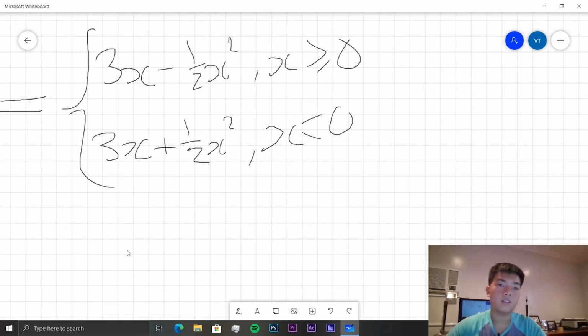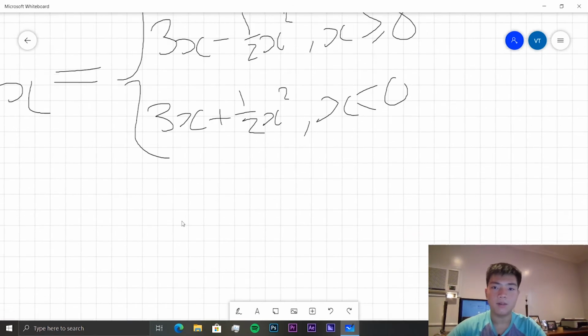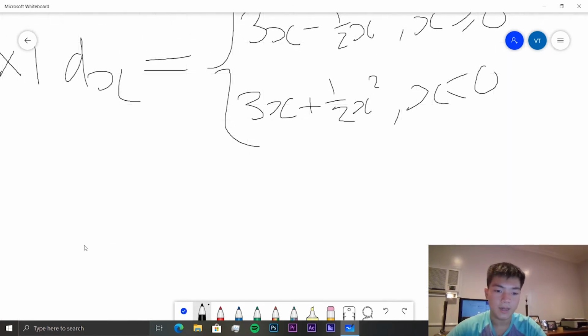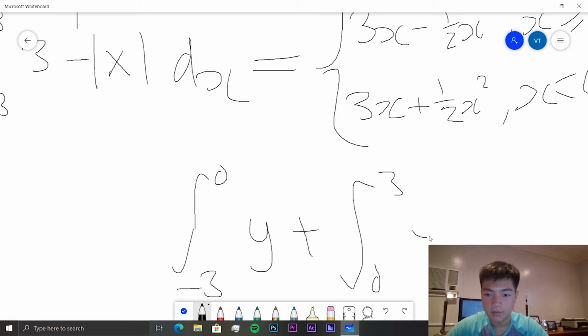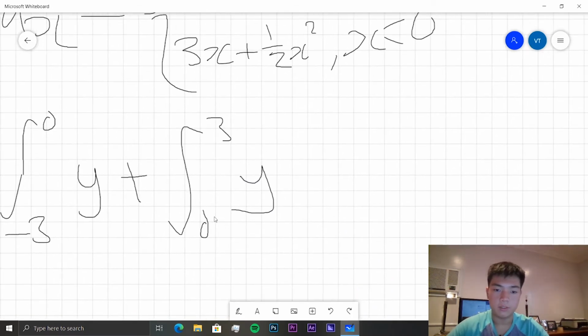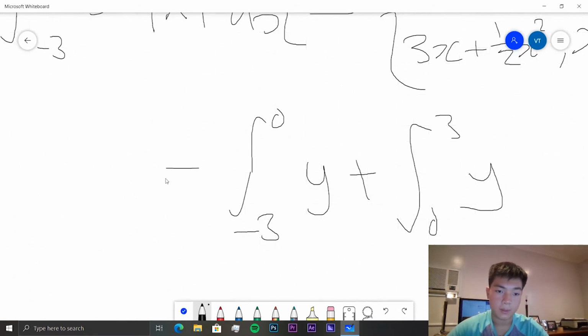And so now we have to use the property where we can split limits apart. So we have the integral from -3 to 0 of this function, plus the integral from 0 to 3 of the same function, which should be equal to the total integral. So we can get these two.